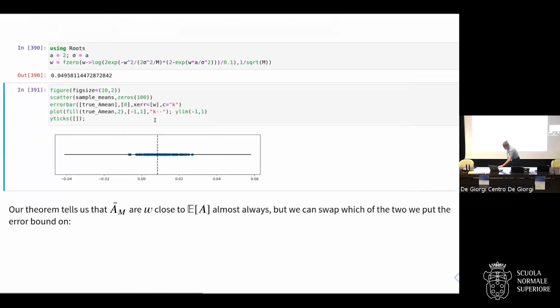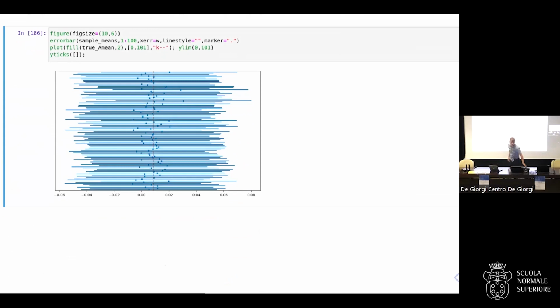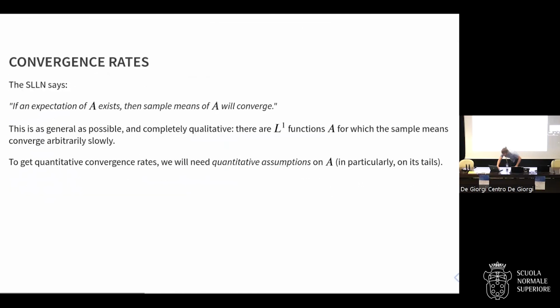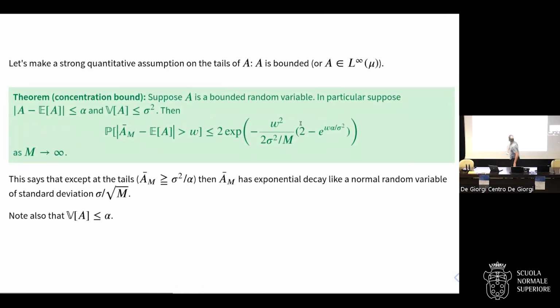Yeah. So if you pull it out from here, you get... did I do that right? No, I did not. The size of this scales like sigma on square root m.